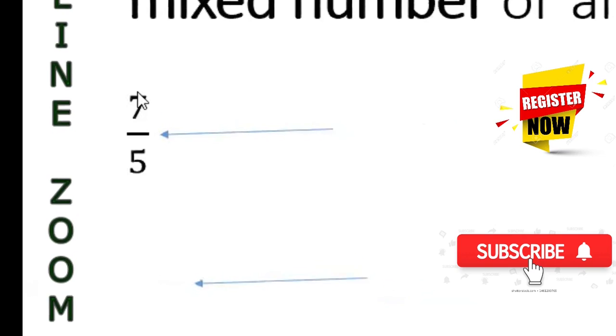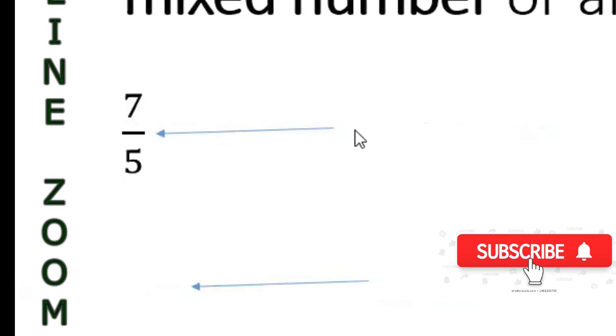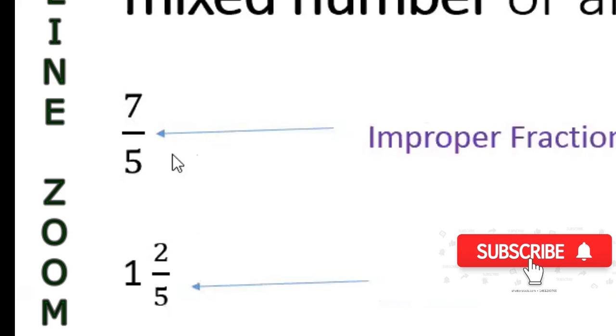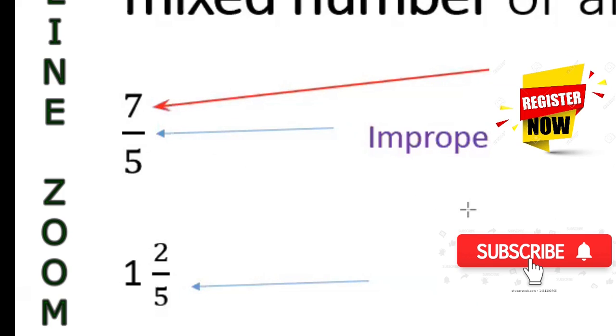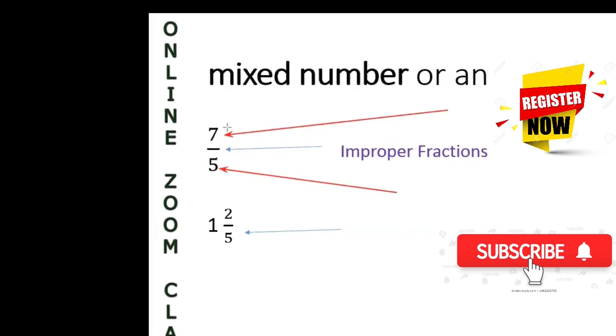If you take 7/5, we say it is an improper fraction, correct? Why? Because the numerator is bigger than the denominator, right?